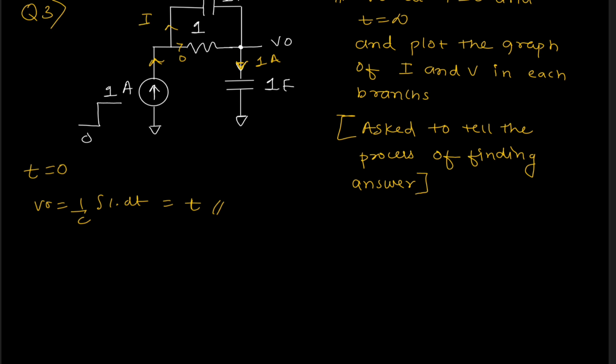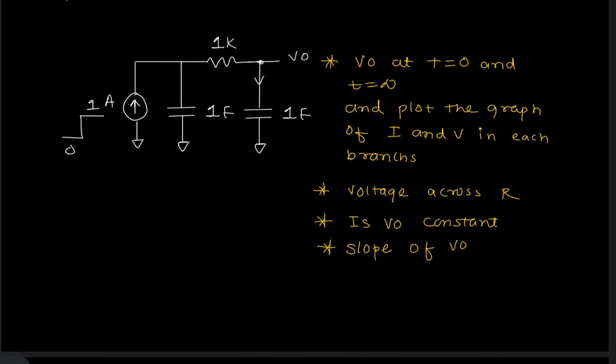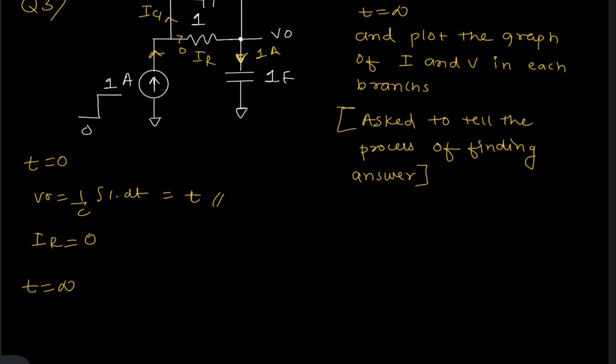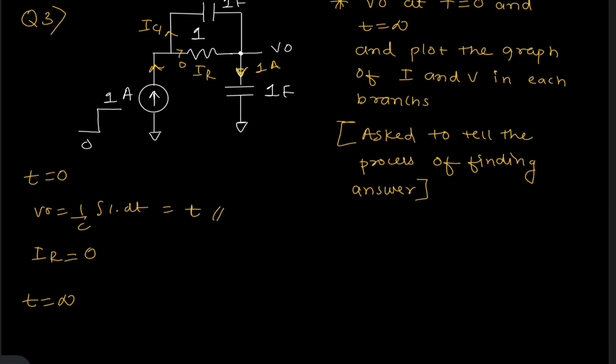Okay, so V out was this, but they also told me to calculate this IC1 and IR. How will be the waveform of these two? Okay, so at start IR is 0, and what do you think will happen at t is equal to infinity? At t is equal to infinity, this will be open circuit. This will be open circuited and will be having some voltage, but the current will be 0 from this branch.